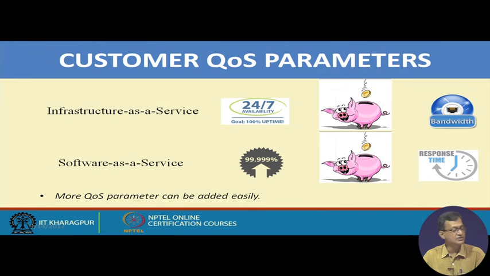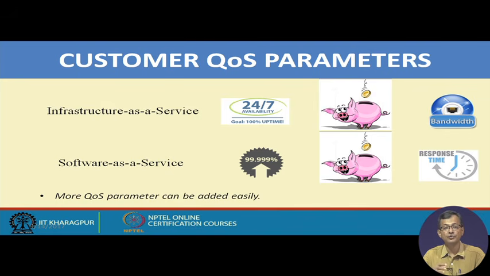If you look at customer QoS parameters, consider infrastructure as a service. We look at 24/7 availability with a 100% requirement, so that I get a return for what I pay, and there are requirements in terms of bandwidth and other things. In case of software as a service, the uptime requirement may vary a little, and again the response time is critical.